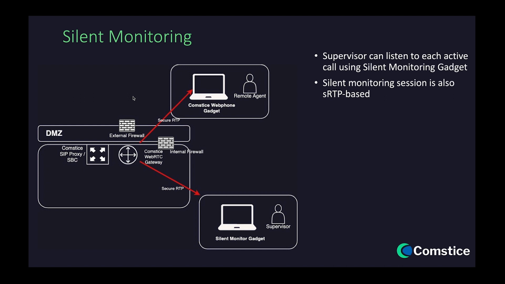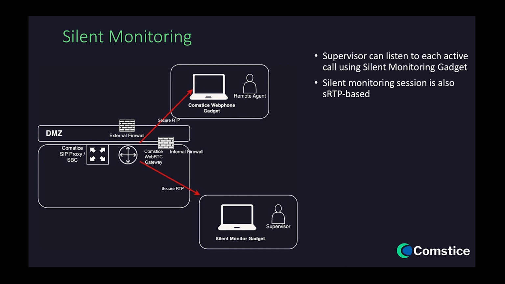So silent monitoring goes through the Comstice WebRTC gateway and the session border controller, which create an additional audio stream, a copy of the two-way audio stream, and push it to the silent monitoring gadget on the supervisor Finesse interface. The supervisor can be on the public internet or working from the office, it doesn't matter.